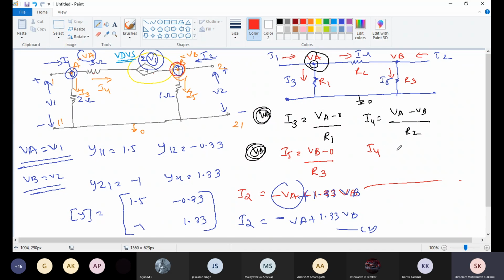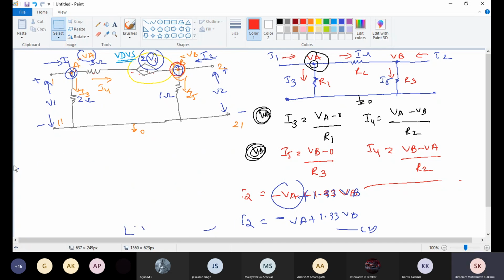It's coming inside, VA is going outside. So VB minus VA divided by R2. Same here, what we did by considering B point, plus this 2 plus 2 minus that instead of minus 2V1, minus VA.